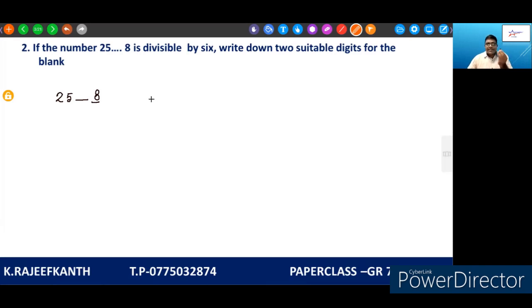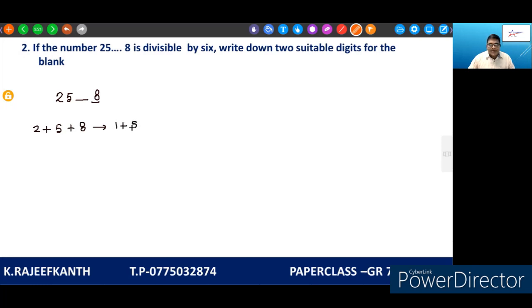If the digital sum of a number is 3, 6 or 9, then that number is divisible by 3. So we have to check the digital sum. Here, the sum of these 3 digits, this is the 4-digit number: 2 plus 5, 7, 7 plus 8, 15.